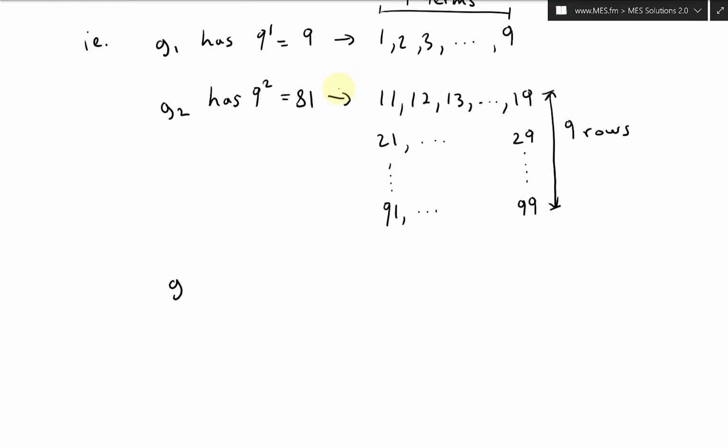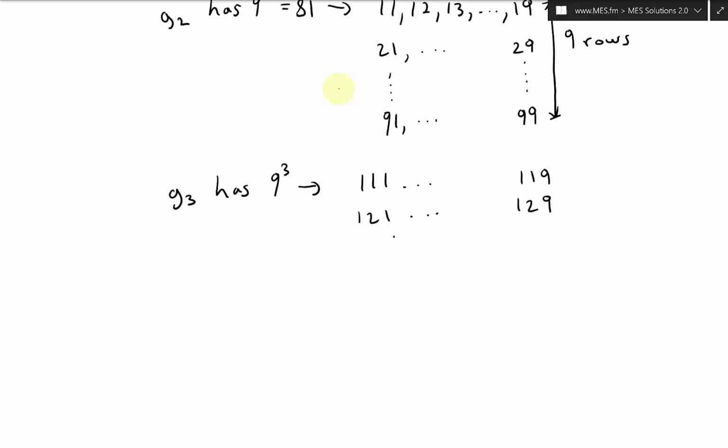And then similarly for G3, you're going to add another dimension to it. So this has 9 cubed. I'm not going to solve that, just go 111 here, then dot, dot, dot, all the way until 119, and then we have 121, dot, dot, dot, all the way until 129, and then this goes all the way down until 191, dot, dot, dot, 199. So that's 9 rows.